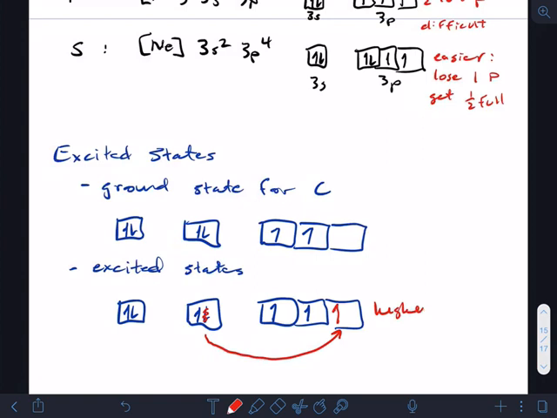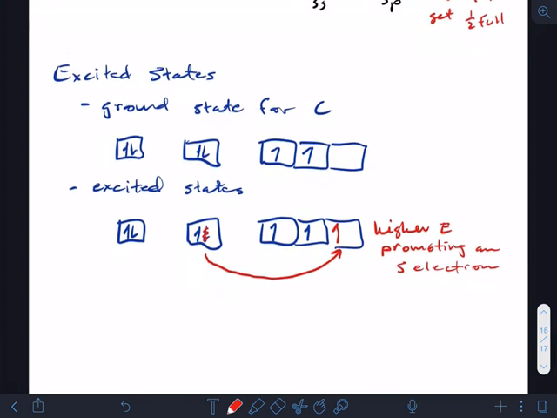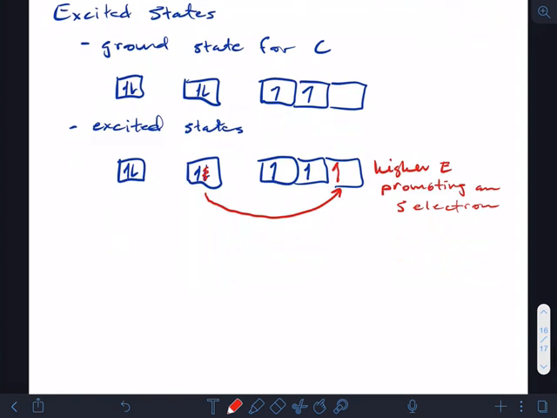Okay. So if I promote an electron from a lower level to a higher level, I've increased the energy by promoting an s electron. Okay. So there's one version of an excited state.